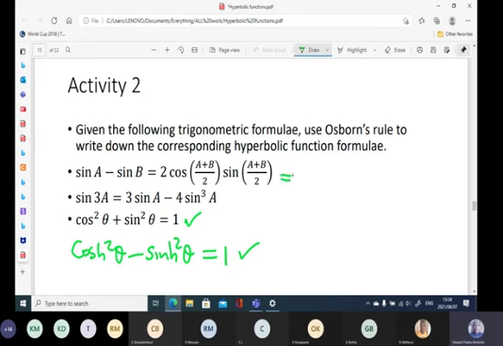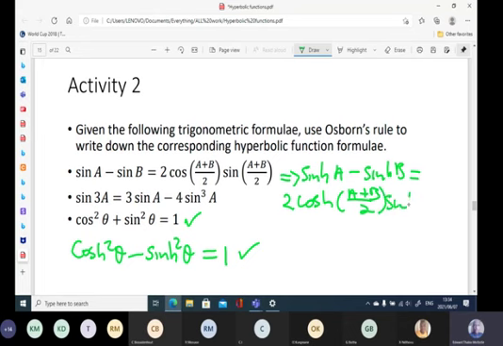So for this one, sinh A minus sinh B is equal to 2 cosh of (A plus B) over 2 times sinh of (A minus B) over 2.